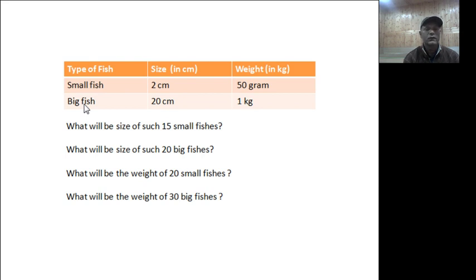Therefore, the weight of such 20 small fishes will be 20 multiplied by 50, 1000 gram. And don't forget that 1000 gram is equal to 1 kg. Now, what will be the weight of 30 big fishes? 30 big fishes multiplied by 1 kg will give you 30 kg.